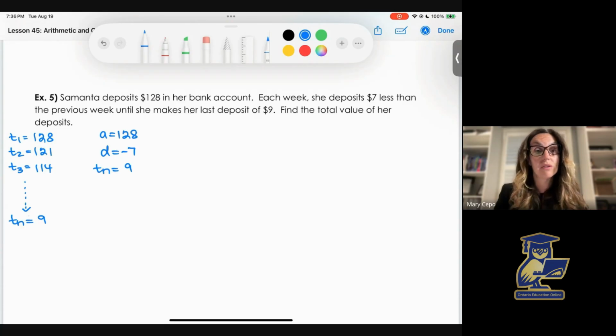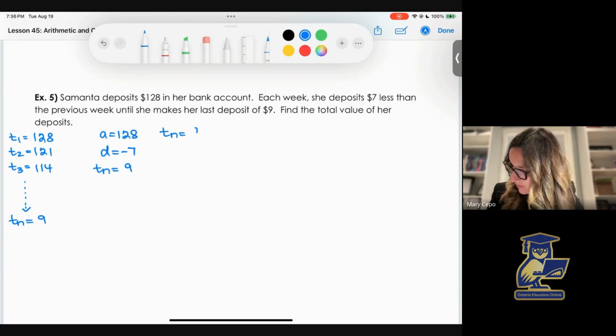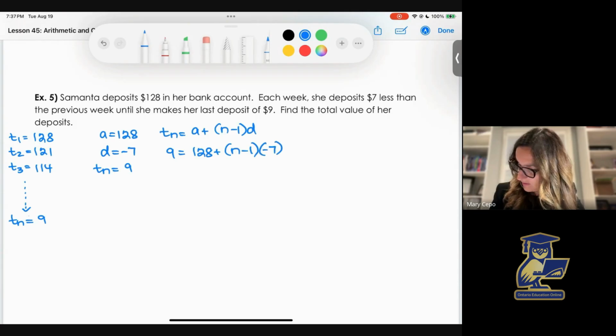We just know that her final deposit was $9. So using the formula for an arithmetic sequence, 9 is equal to 128 plus n minus 1 times d, which is negative 7.